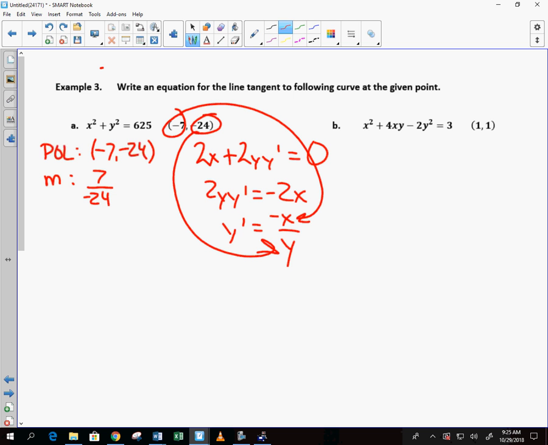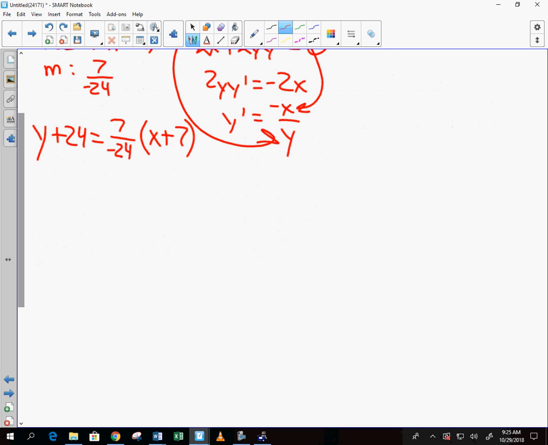We good now? All right, y minus y1, so y plus 24, is equal to 7 over negative 24 times x plus 7. So y plus 24 is equal to negative 7 over 24x.